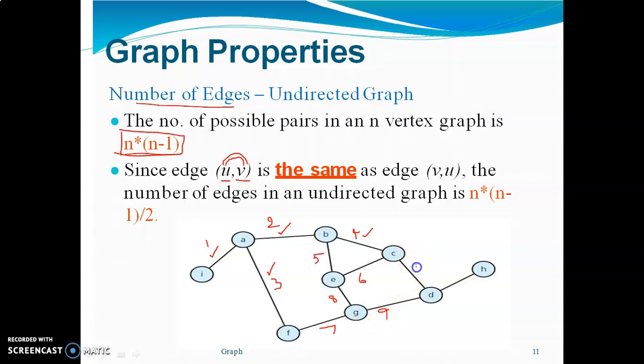C to D is one more edge, and D to H is another edge. Whenever we count all these edges, we get 11 edges.